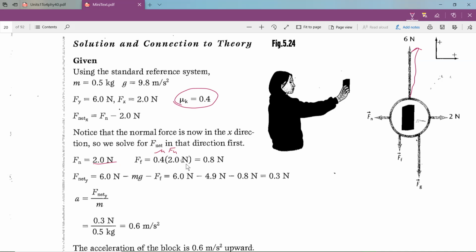So 0.4 times 2 is 0.8 newtons, and that's an N. Sometimes I use uppercase N. Doesn't matter. So that is the force of friction, 0.8. Force of gravity is a half of 9.8, which is 4.9. So I got 6 going up and 5.7 going down. So I got a net of 0.3 going up. So my acceleration is the net force F over m, so 0.3 over 0.5, which is 0.6 meters per second squared going up.